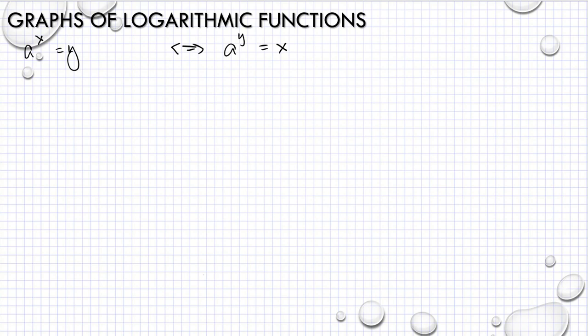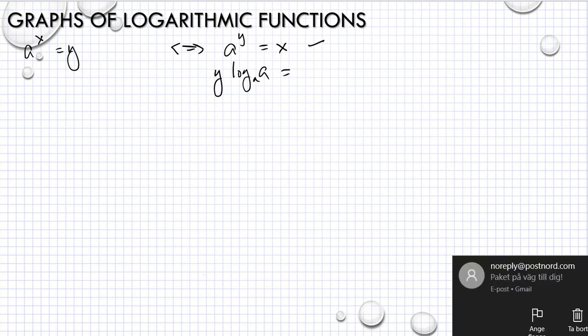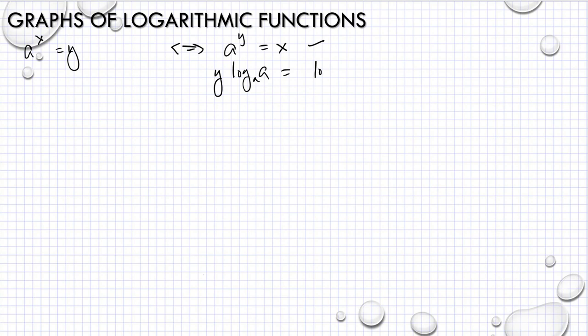And then instead of writing this way, because we always have y is equal to something, then we have y is equal to the logarithm of x with the base a. So they are inverses.